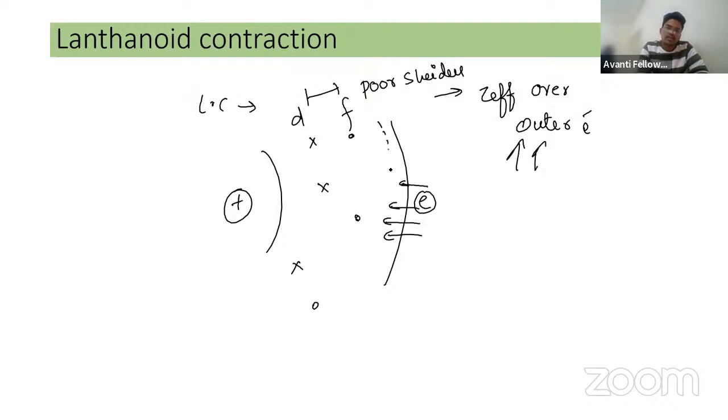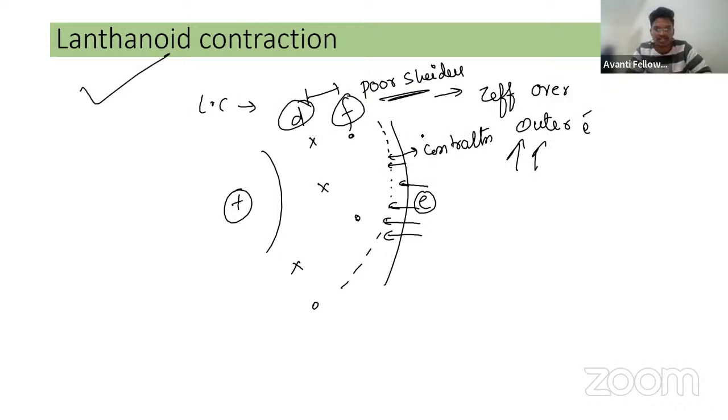The new atomic radius, or atomic size, has contracted. This contraction due to poor shielding of d and f electrons is called lanthanoid contraction. I hope everyone is clear with this.